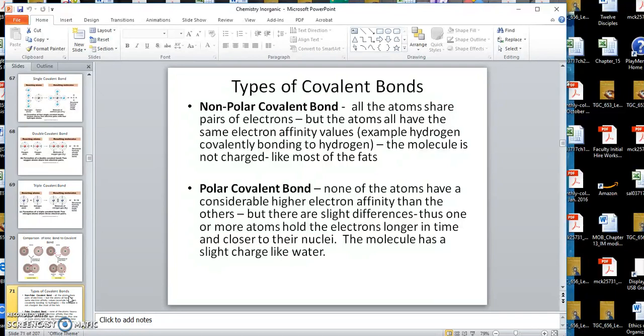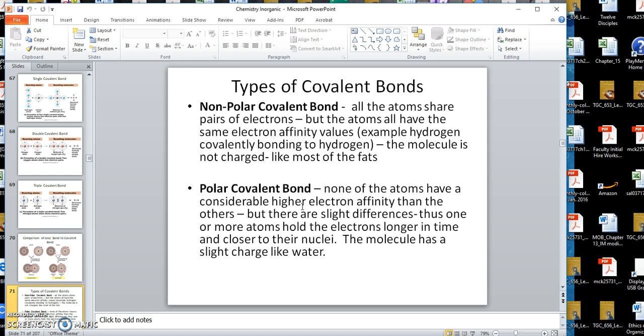Therefore, the electrons will equally float around each oxygen the same amount of time. But in a situation where one atom is slightly more electronegative than the other, not enough to fully pull the electrons away, then it forms a polar covalent bond, because one side will hold the electrons more often than the other side.